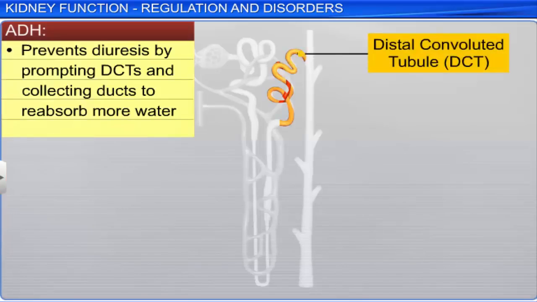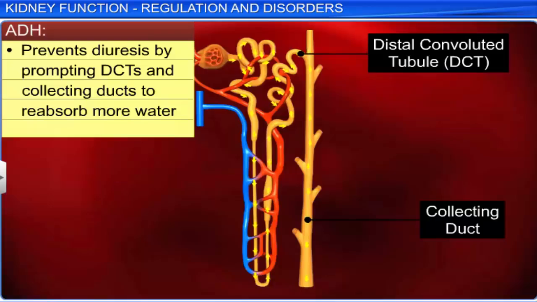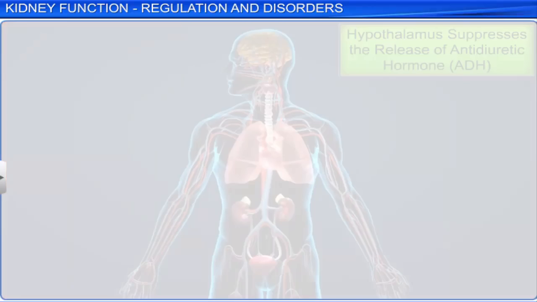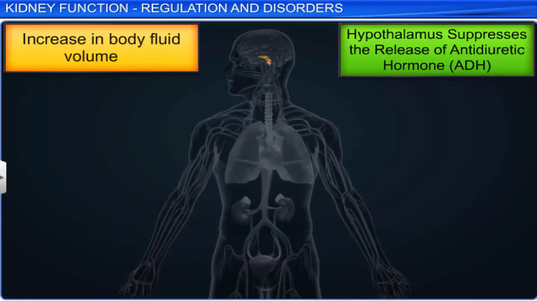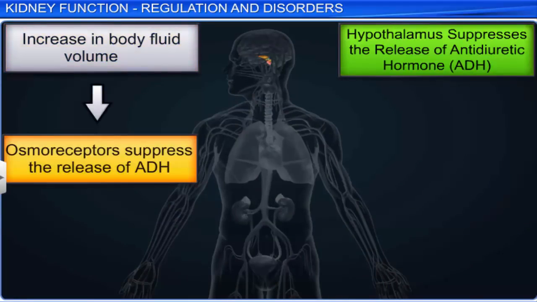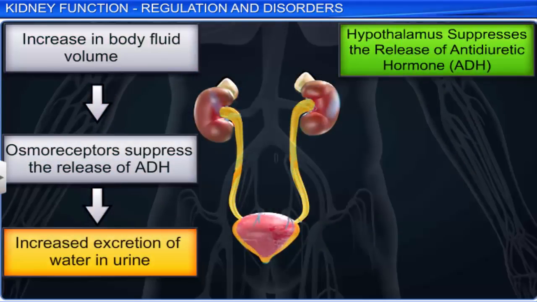ADH prompts the distal convoluted tubules or DCTs and the collecting ducts to reabsorb more water, thereby preventing diuresis. On the other hand, if the fluid volume in the body increases, the osmoreceptors suppress the release of ADH, leading to increased excretion of water in urine.